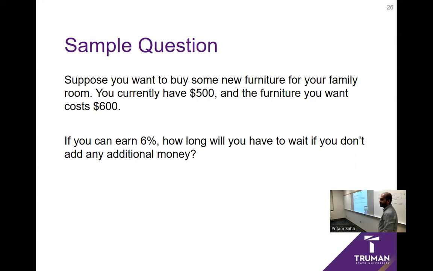Just plug in the values, right? So how much did you get for the number of years? 3.13. This is all you got. So it's basically 600 is the future value, 500 is the present value, right? You need to find the natural log of that ratio. Then on the denominator, you should have the natural log of 1.06. 3.13. Okay.